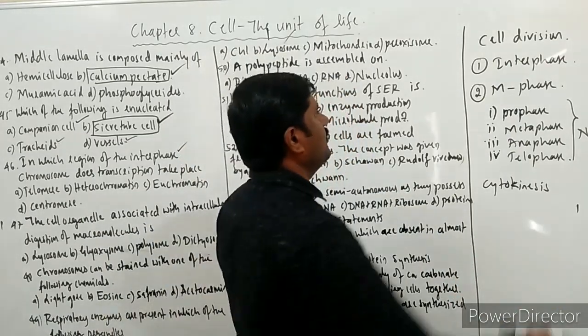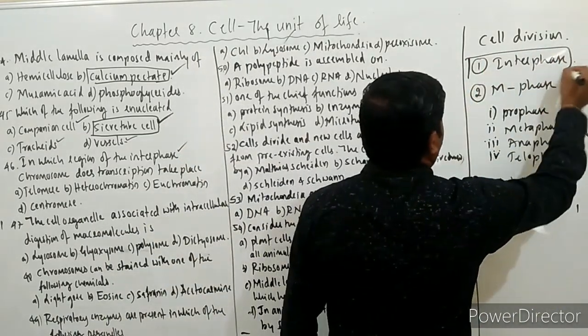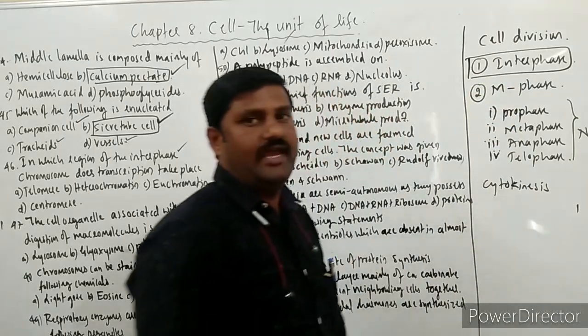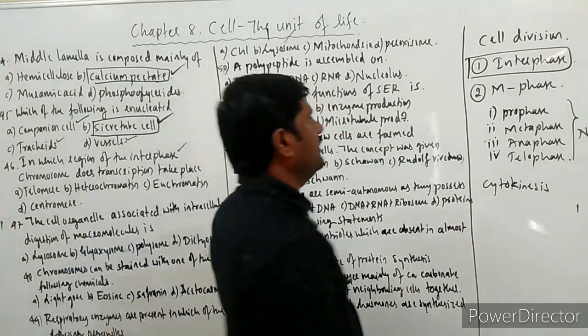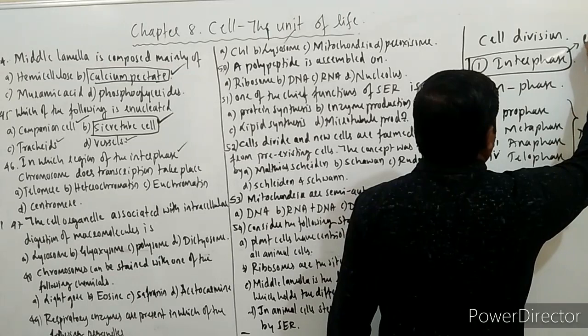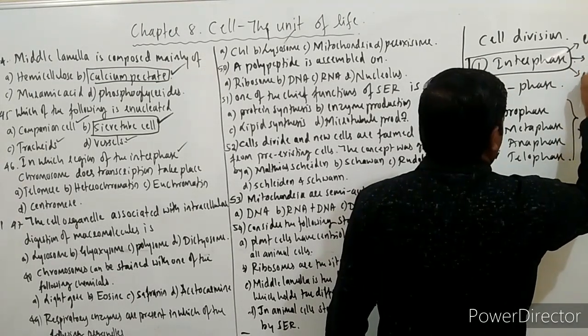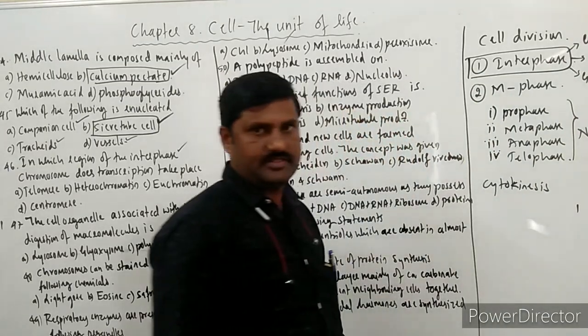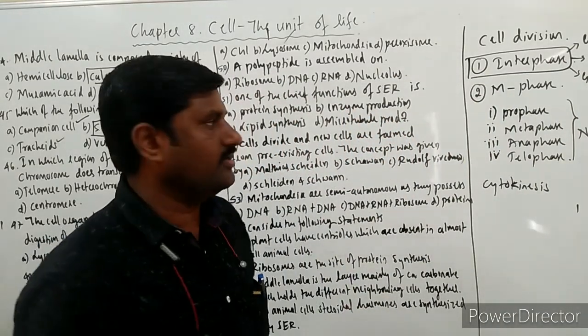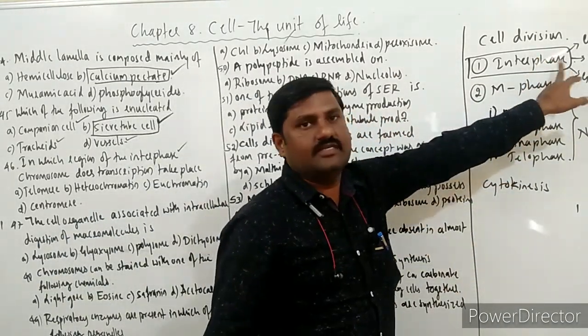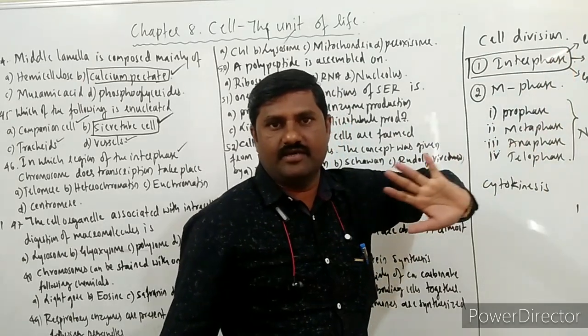So we are focusing on this interphase now. In interphase what happens? There we come across G1, S as well as G2 phases. Right, in the next chapter we are going to study all these in a detailed manner, right?